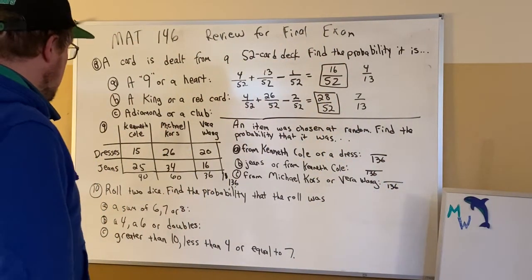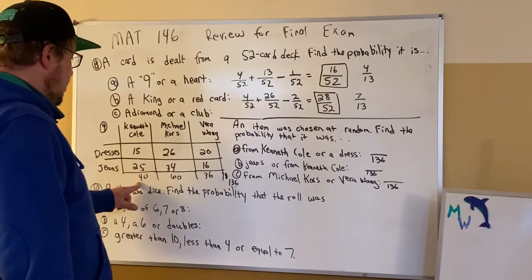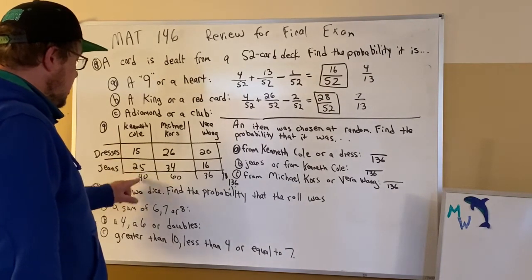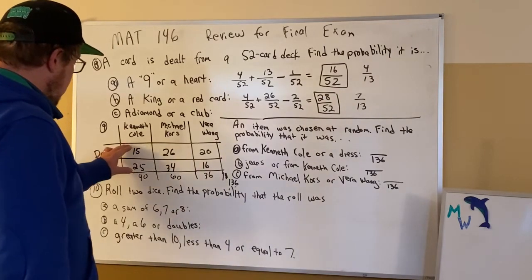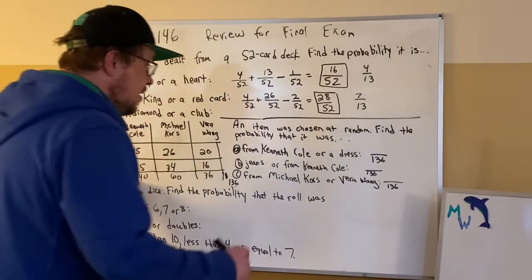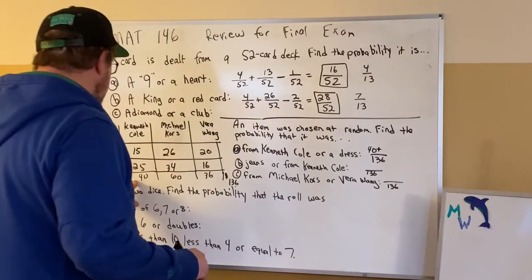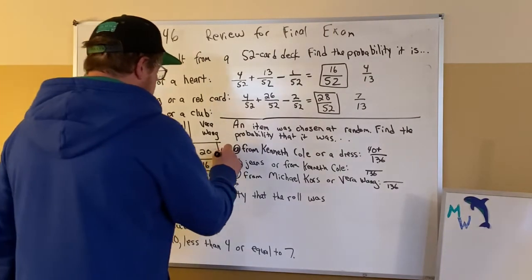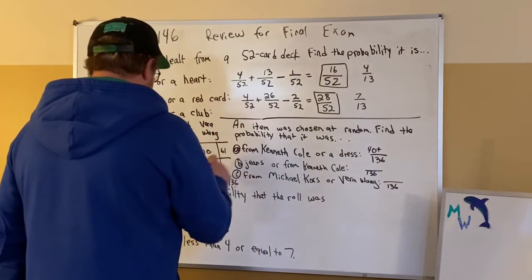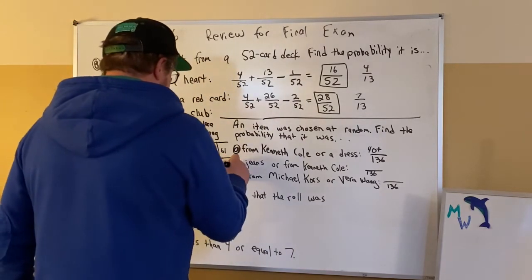From Kenneth Cole or a dress. So with Kenneth Cole, I have 40. I also have other dresses, right? I have 40 and 26 and 20. Or I can get all of Kenneth Cole at 40 plus all the dresses, which in this case will get me 41, 61. And if I go here, I got 59, 69, 75.